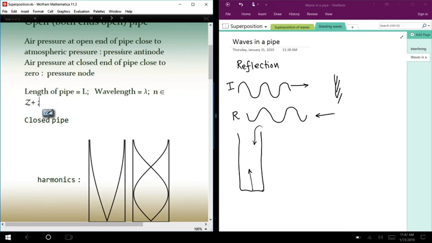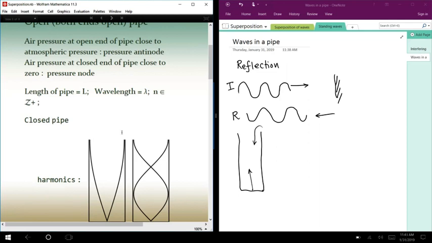So air pressure at the open end of the pipe must be similar to, or close to, the atmospheric pressure that is outside. So we'll have a pressure antinode over here, very close to the end of the pipe. It's not exactly at the end, but for our purposes, we are going to assume that the antinode is exactly at the end of the pipe, right?